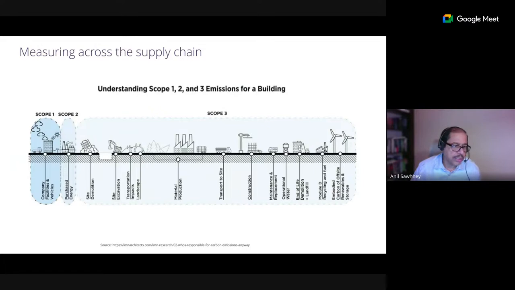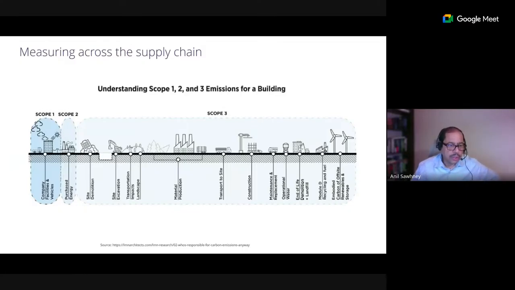So your site demolition, site excavation, because this is going to be done if you are the developer of a building, you are going to get subcontractors, contractors, vendors, suppliers to do all the supply chain work.